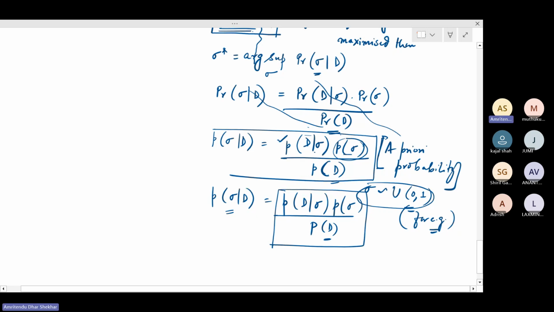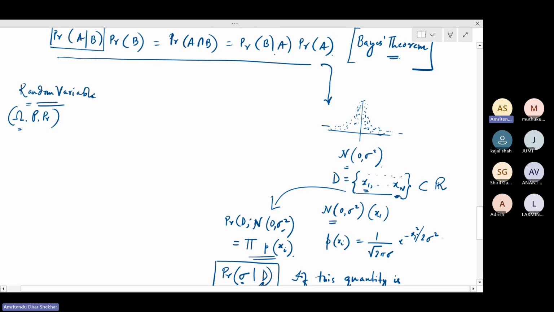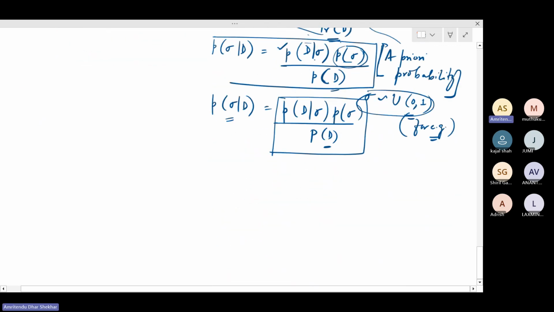Okay. With that said, we got into this example in which we introduced a lot of terms like density, random variable, etc. Now let us formally define a random variable.